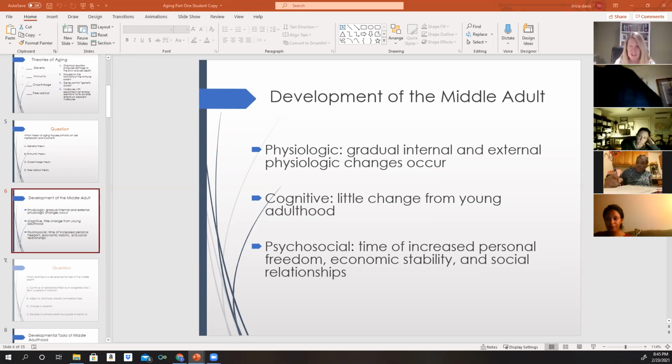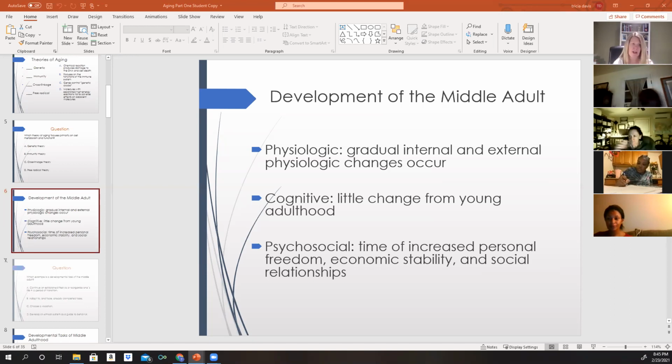Visible signs of aging are starting, and people in this age group start to become aware of the time that they have left. They can look back on how fast their life has gone already, and then they look ahead and say, maybe I only have another 30 years.